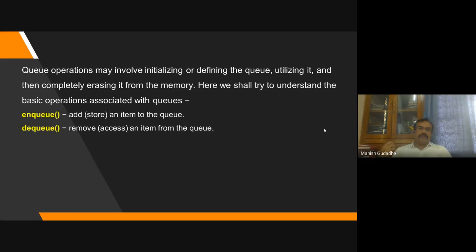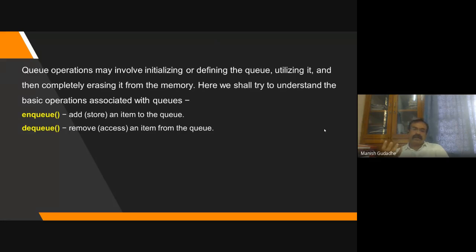From one end, the elements will be inserted, that is called the rear, and from the other end, the elements will be taken out, that is called the front. So a queue deals with two different pointers. Front will point to the element at the front of the queue, which needs to be served first and will be removed from the queue first.